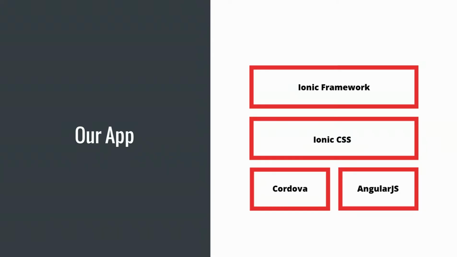To actually code this thing, what we're going to be using is several pieces. I guess I'll start from the bottom and work my way up. So the app needs to be ultimately compiled into native code for the device.